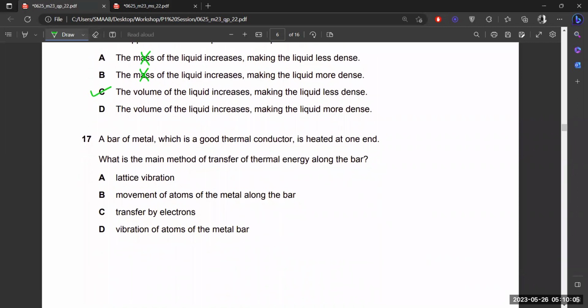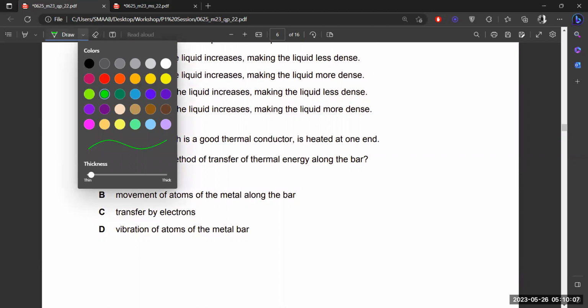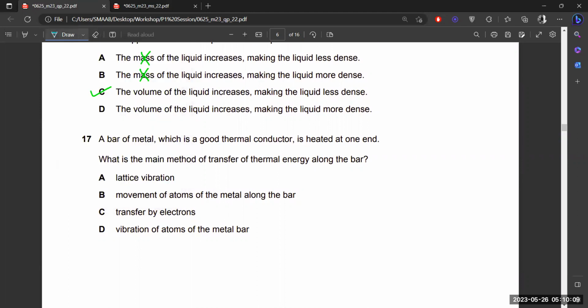A bar of metal, which is a good thermal conductor. Focus on the word conductor. We are talking about a conductor heated at one end. What is the main method of transfer of thermal energy along the bar? Lattice vibration, movement of atoms of the metal along the bar, transfer by electrons?